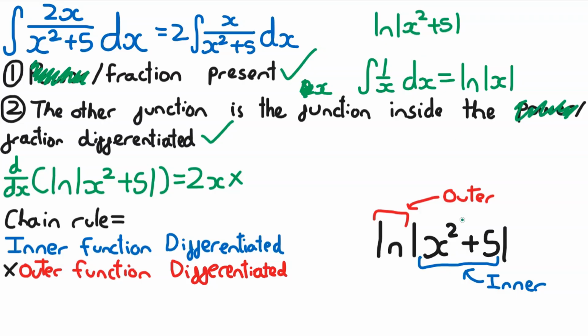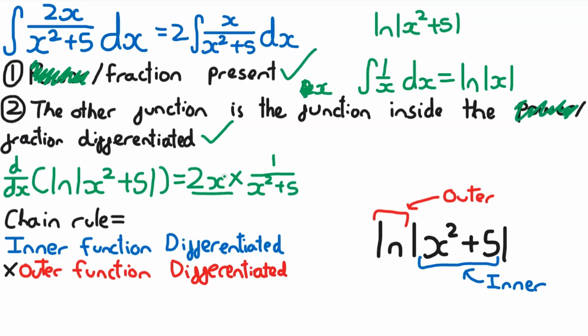So it's going to be 1 over x, but remember we have this x squared plus 5 present, which we keep constant, we don't touch it. So rather than being 1 over x like this here with the natural log of x, it's going to be 1 over x squared plus 5. So we differentiate the outer function to get 1 over x squared plus 5.